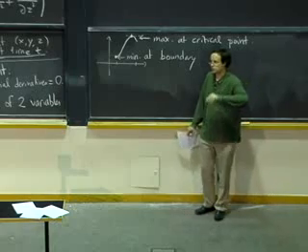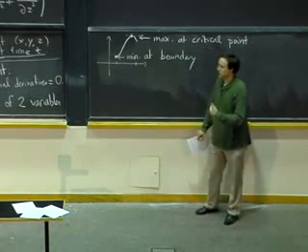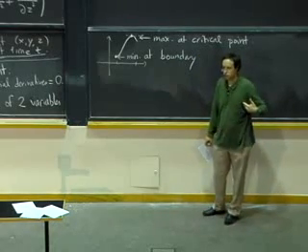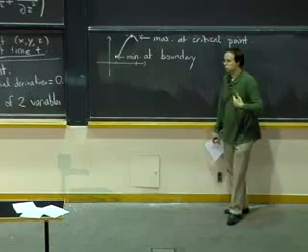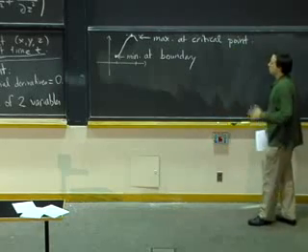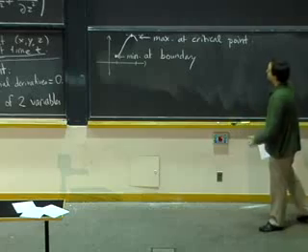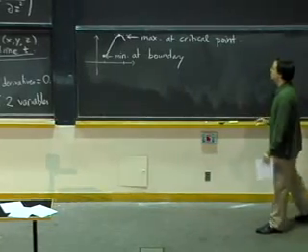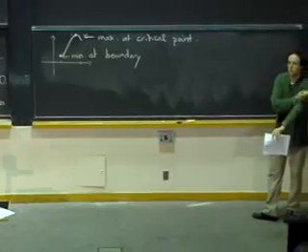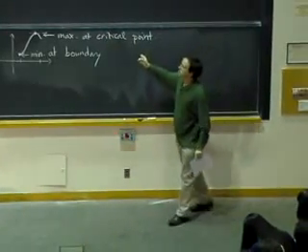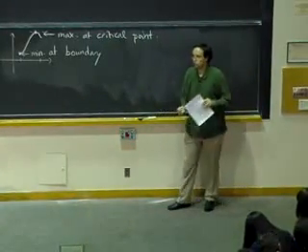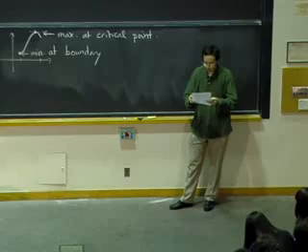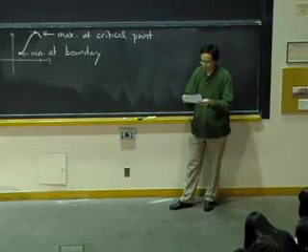So it could be that we actually achieve a minimum by making x and y as small as possible, maybe letting them go to 0 if they had to be positive, or maybe by making them go to infinity. So we have to keep our minds open and look at various possibilities. So we're going to do a problem like that. We're going to go over the practice problem from the practice test to clarify this.